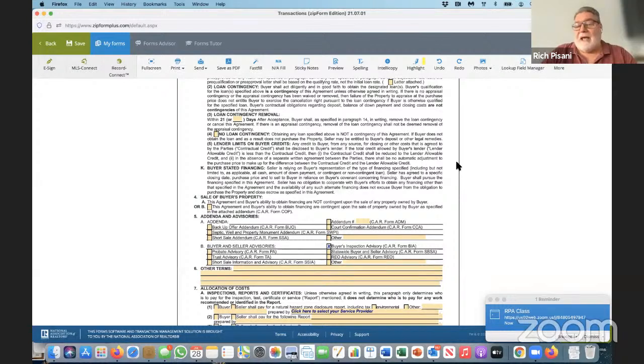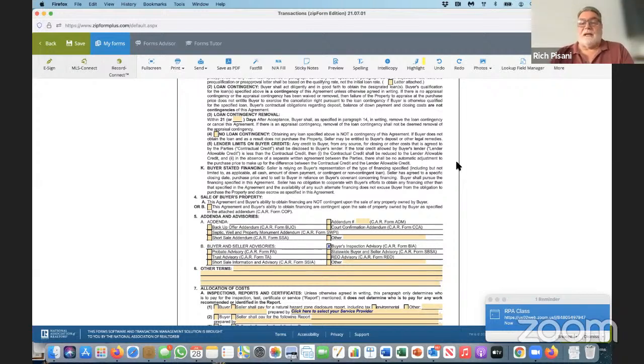Number 5, addenda and advisories. A lot of people add the statewide buyer and seller advisory. If you are asking for any of the services that your particular office has an affiliation with, say the escrow company or the NHD company, if you're asking to use my NHD, you should be including the ABA disclosure.